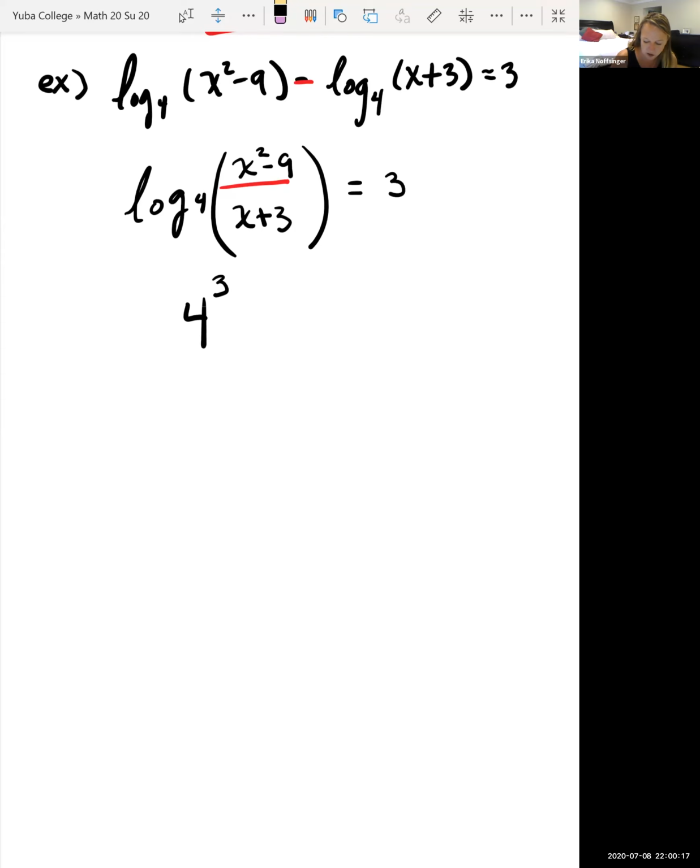So this is 4 cubed equals, notice that x squared minus 9, that's a difference of 2 squares. So let's just factor this at the same time if that's okay. So our numerator could be factored as x minus 3 times x plus 3 all over x plus 3.